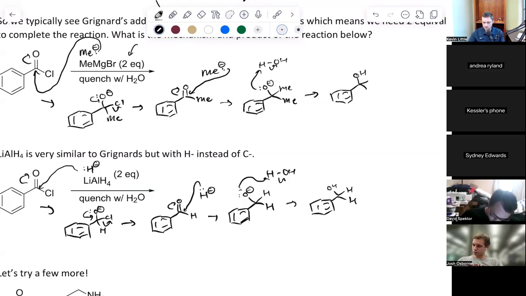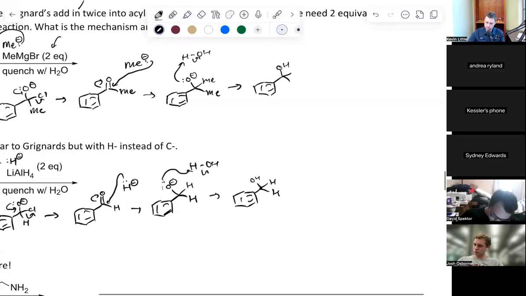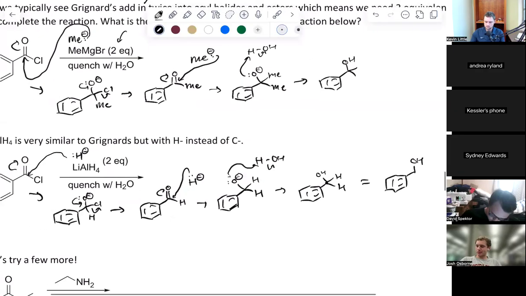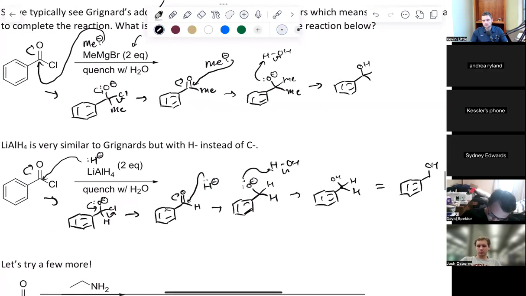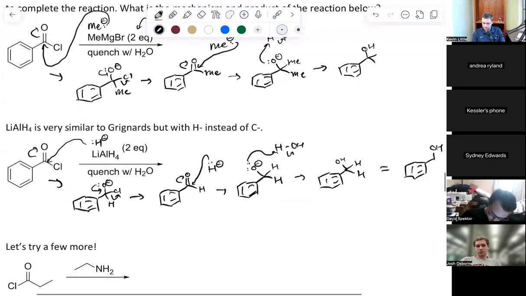So notice these are the same reactions, but instead of adding two methyls, now I'm just adding two hydrogens. It's the same as doing this. This is how you reduce an acyl chloride to an alcohol. It's also how you reduce a carboxylic acid, but we'll talk about that tomorrow or Monday.